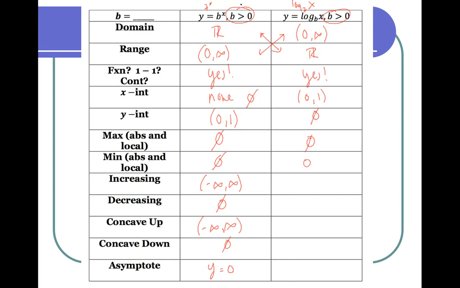No maximum, no minimum. It's also increasing. It's also not decreasing. This is going to be concave down, right? So it had like this swoosh shape. So it was concave down. And the asymptote is at x equals 0, right? So look at some of those patterns there so that you can think more logically through it.